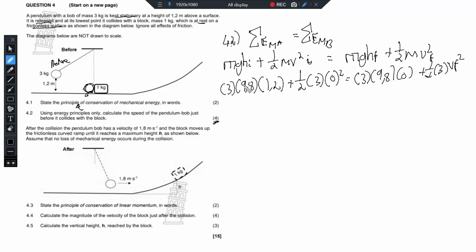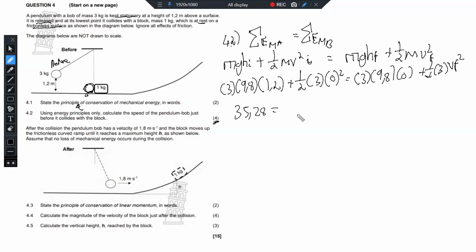Now we have to calculate this one. 3 times 9.8 times 1.2, and then add it to that. In your calculator, let's check. 3 times 9.8 times 1.2 is equal to 35.28.